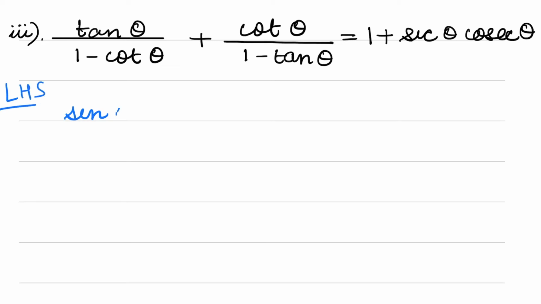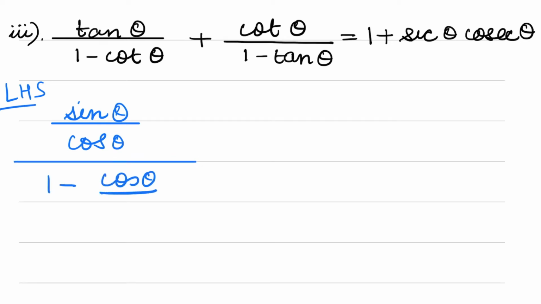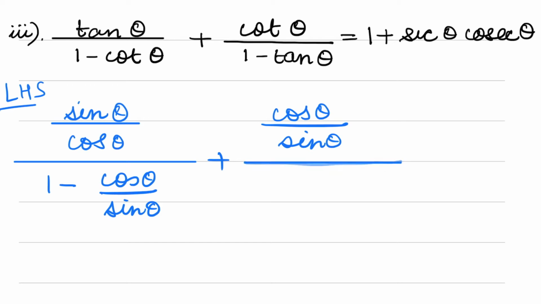So tan theta is sin theta divided by cos theta, and this is 1 minus cos theta by sin theta, plus cot theta can be written as cos theta by sin theta divided by now 1 minus tan theta, which is sin theta by cos theta.